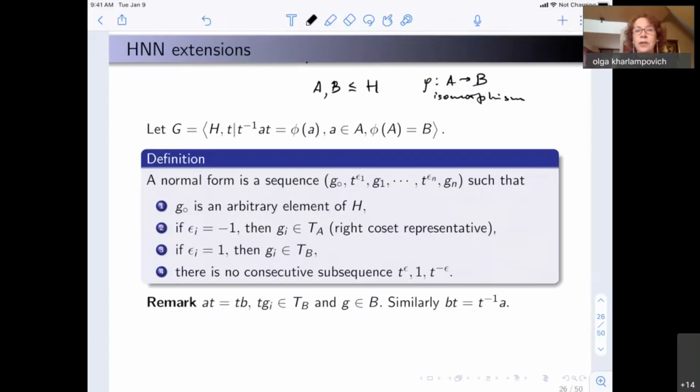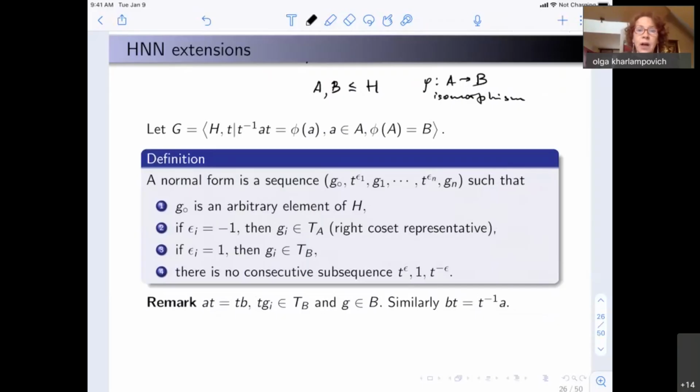For every element a in A, we say t^-1 a t is phi(a), which is an element in B. And very often, one doesn't have to add all the relations for each element of A, because we basically need to add relations for generators of A only, because then it automatically gives the image of an arbitrary element of A.